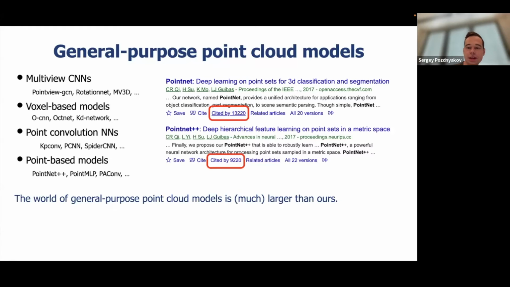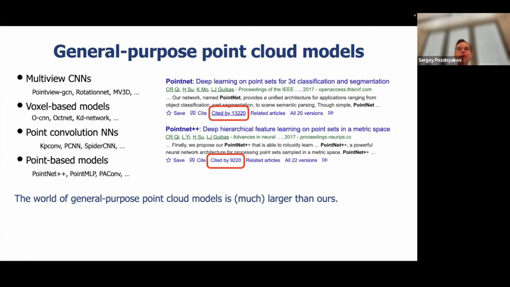So what is really important here is that this world of general purpose point clouds is much larger than ours. It's much larger than the world of models proposed for atomistic machine learning. And because of this, one can simply make statistical arguments. So the number of professors, the number of PhD students, the number of researchers working in these domains is much larger than in ours.